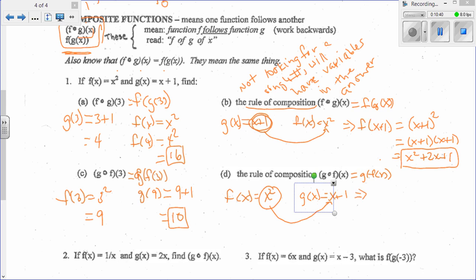So g of x squared would be, where I see x, I'm going to put x squared, plus 1. That is my rule right here. Now, if I want to check that, if I want to find f of g of 3, my answer should be 10 by using my equation in D. So if I put in 3 for x, I'd get 9. 9 plus 1 is indeed 10.